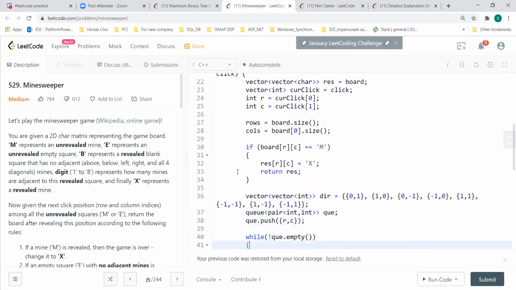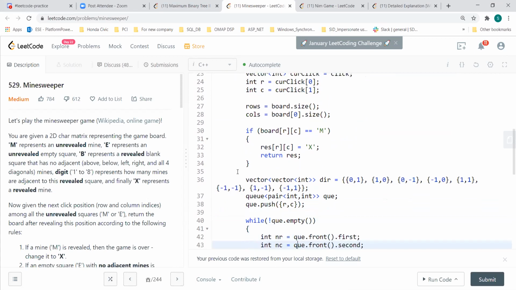Or else, I have this direction array with all 8 directions, and I start the BFS with a queue holding a pair. So I push the R and C, that is the click, in this one. You have to go recursively.